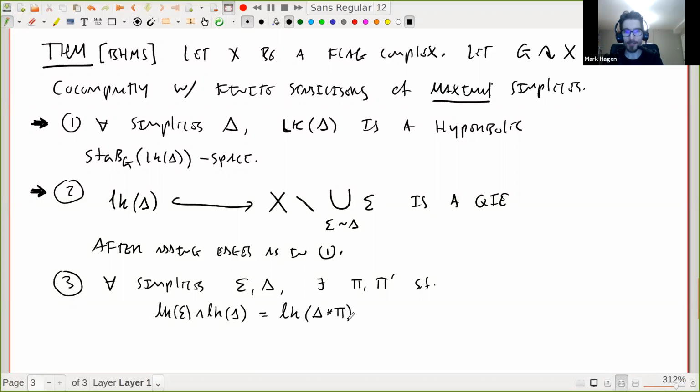So you want to say that the intersection of two links is a link again, but that's not quite true. This star means a join of two simplices. So this is saying that links decompose as the join of a link and a simplex.